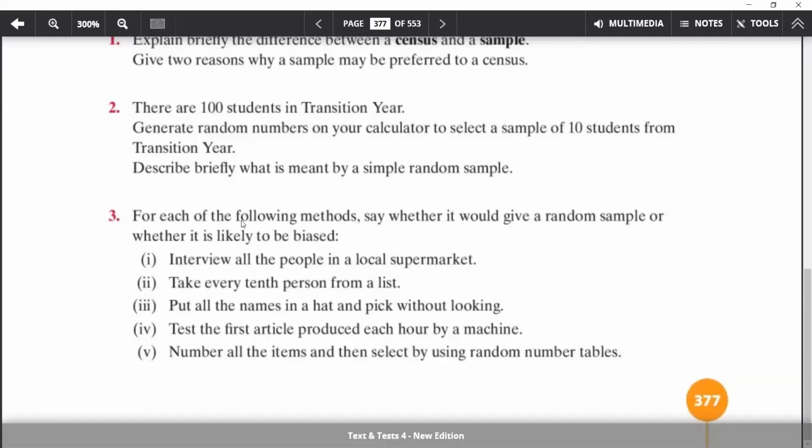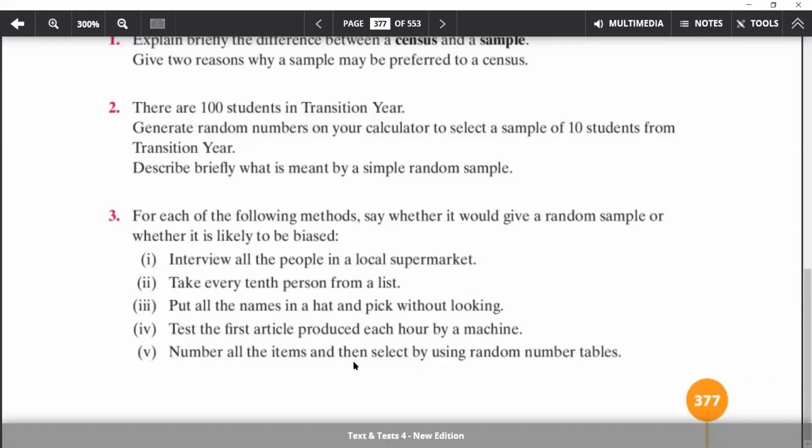So question 3: for each of the following methods, state whether it would give us a random sample or whether it's likely to be biased. So take every 10th person from a list, number 2 there, that's going to be random. Put all the names from people that are in your population into a hat and pick without looking, that's going to be random. Testing the first article produced each hour by a machine, yep, it's going to be random.